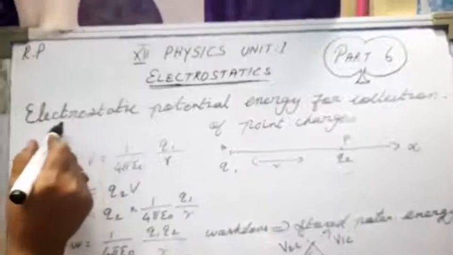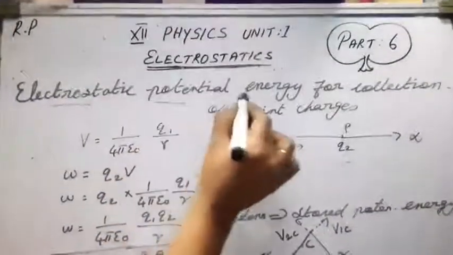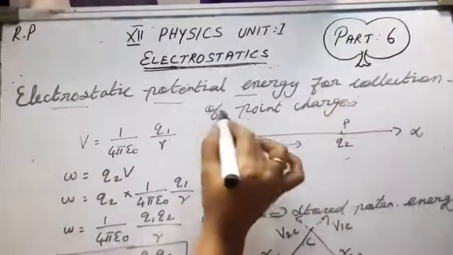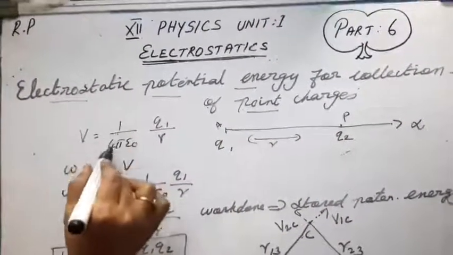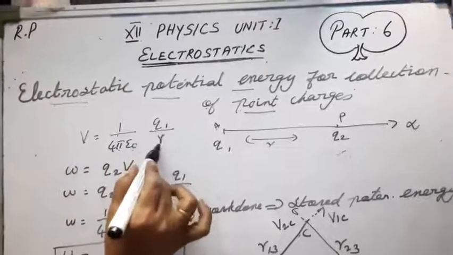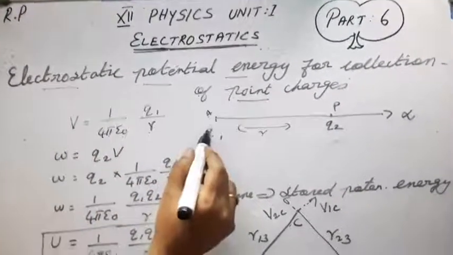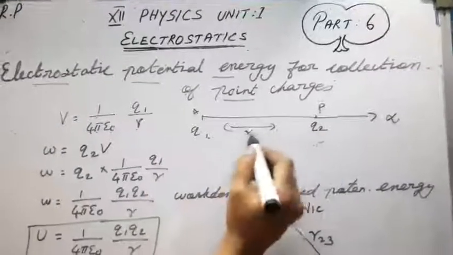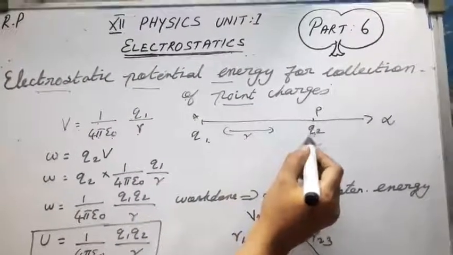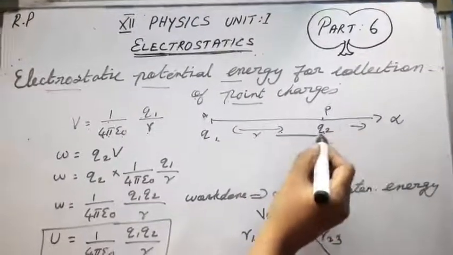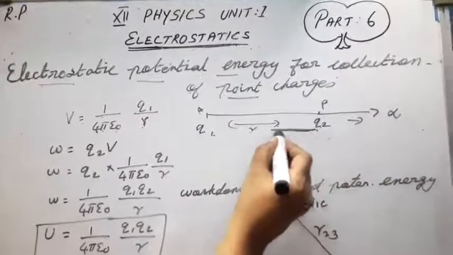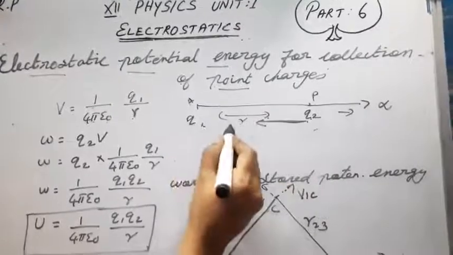Now in this class we will discuss electrostatic potential energy for a collection of points. Already we know that the V value is 1 by 4 pi epsilon naught q1 by r. Let us take the charge q1, and at a distance r, q2, which is extended up to infinity. Now the q2 charge is brought near the q1 value.